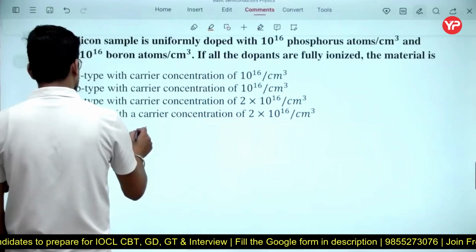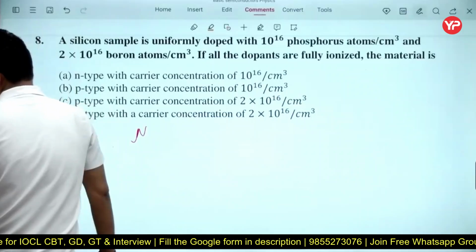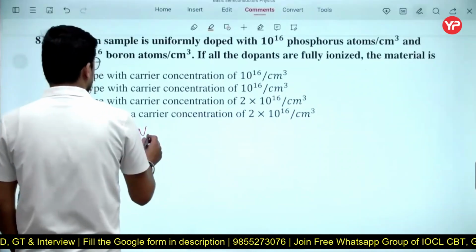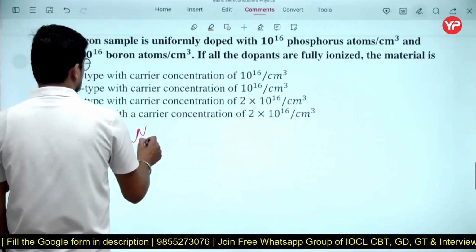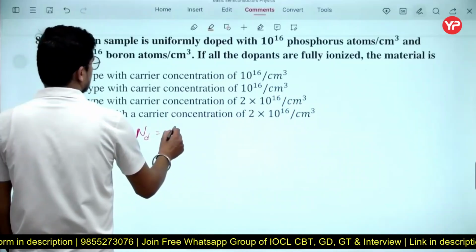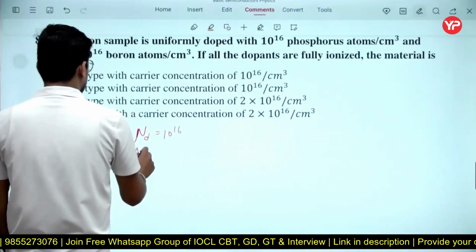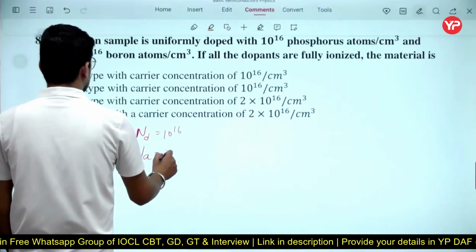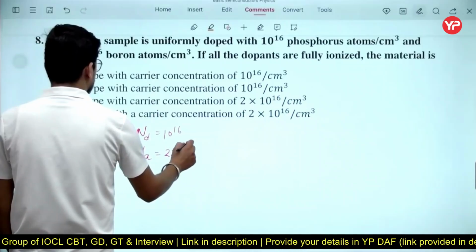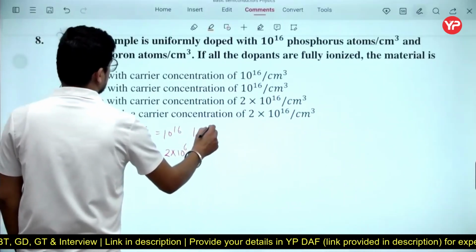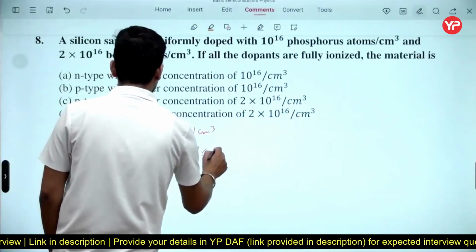Phosphorus is which type of material? Trivalent or pentavalent? Pentavalent, right? It means that it is giving you the donor atom. The donor atom is 10 raised to power 16, and boron is trivalent, that is 2 into 10 raised to power 16, per centimeter cube.